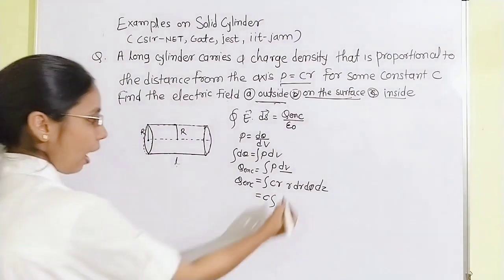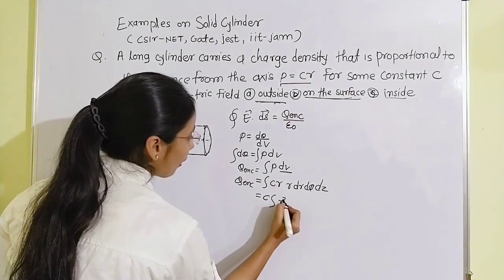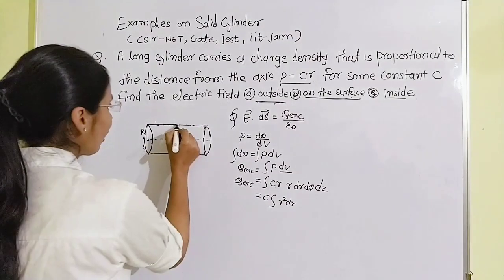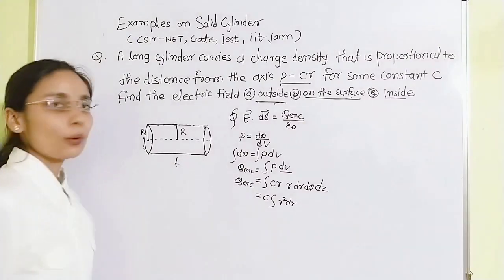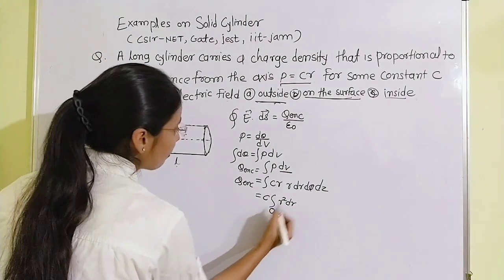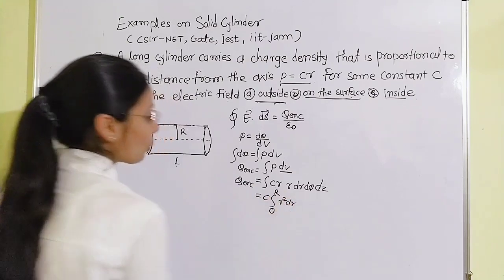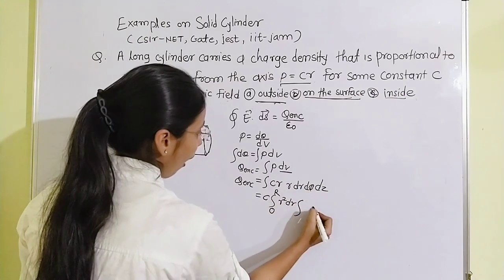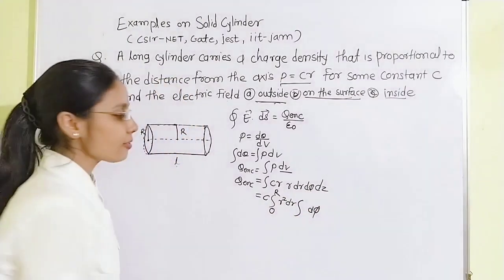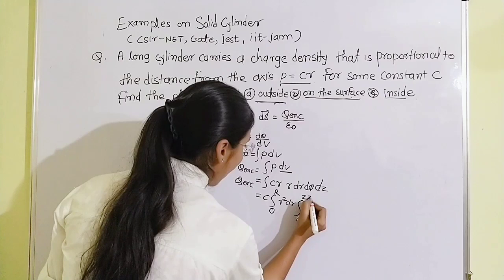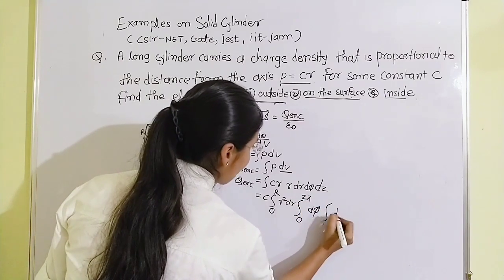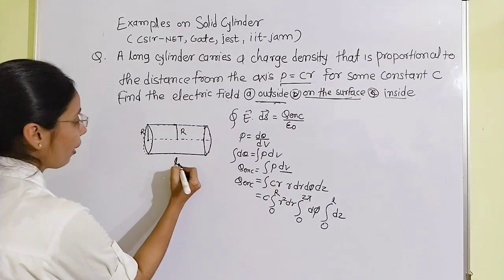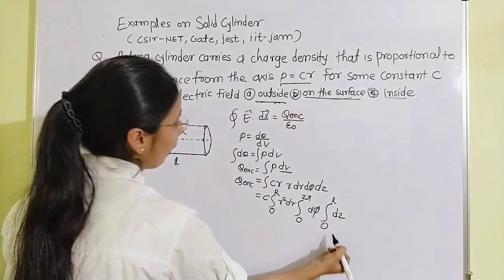The limit of r into r is r square dr, with the limit 0 to capital R. Then the limit for phi is 0 to 2 pi, and the limit for dz is 0 to L, where L is the length here.